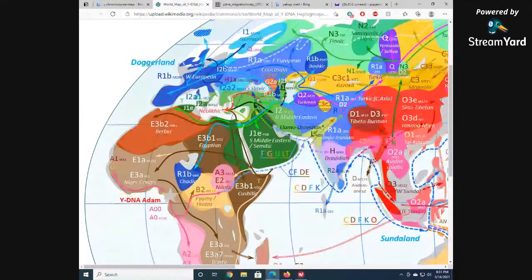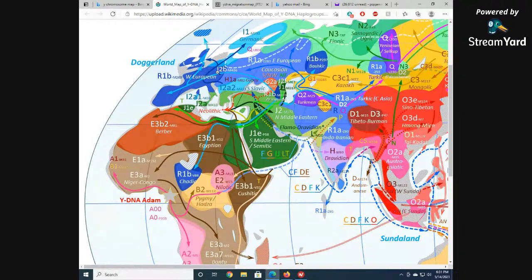So all of these people, they're all grandsons and great grandsons of Noah. They're not far from the tree, right? So this G Y chromosome over here are the descendants of Asher because you look at other maps, they're known to have gone into Europe.